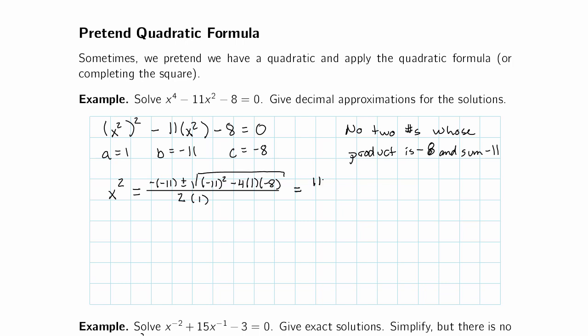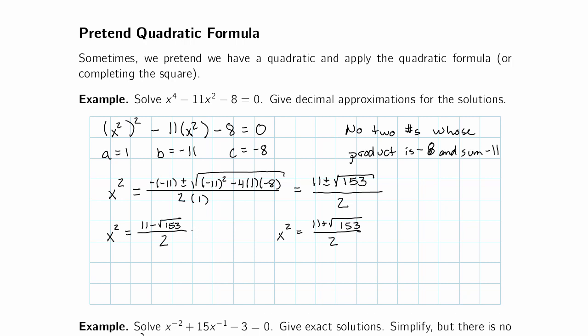So that'll be 11 plus or minus the square root of 153 all over 2. Now, that gives me two possible values of x squared. x squared equals 11 minus the square root of 153 over 2, or x squared equals 11 plus the square root of 153 over 2.